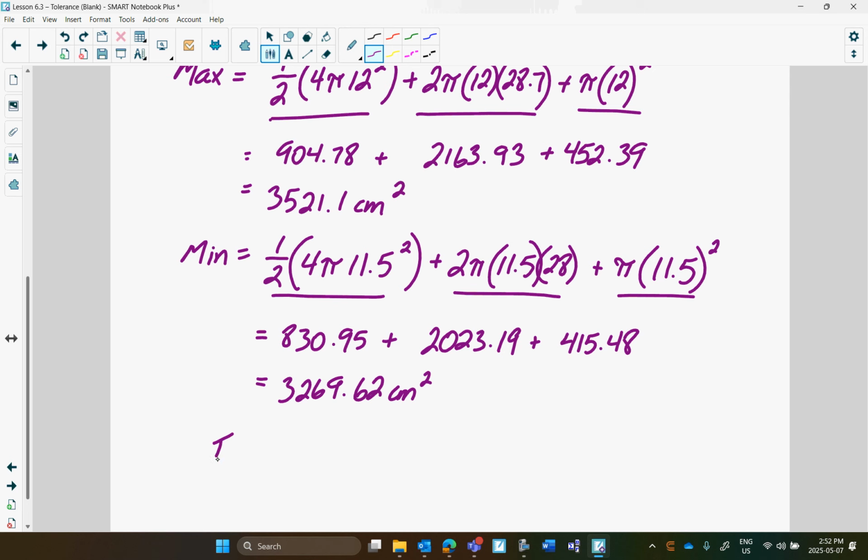And then, of course, to find the tolerance, we have to do the max, 3521.1, minus the min, 3269.62. And that'll give us a tolerance of 251.48 centimeters squared.